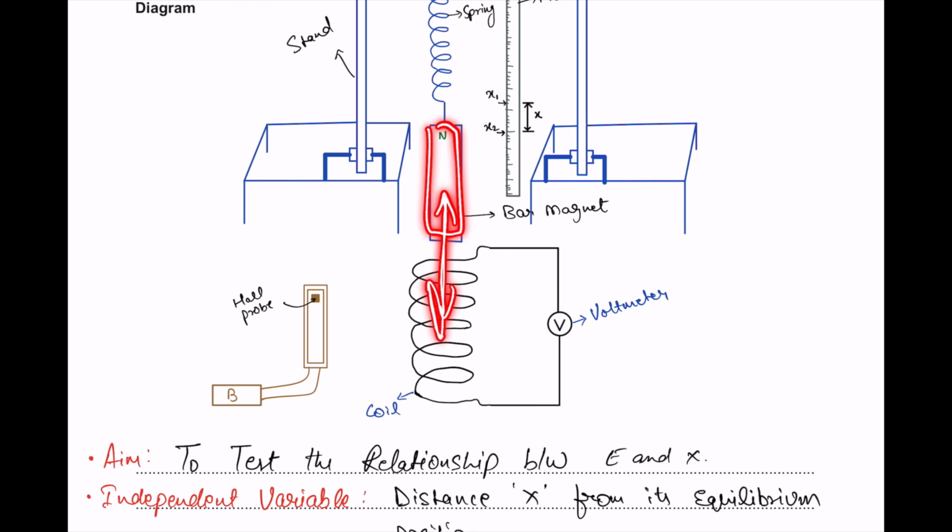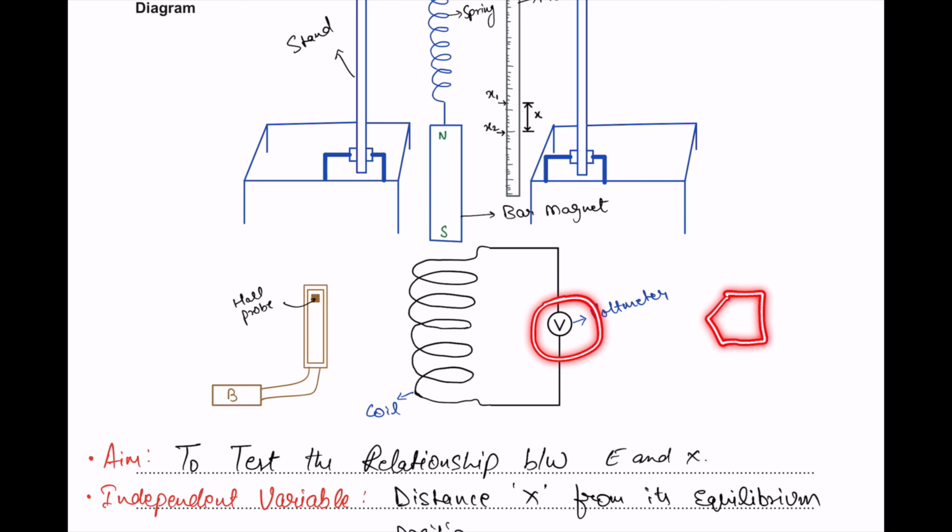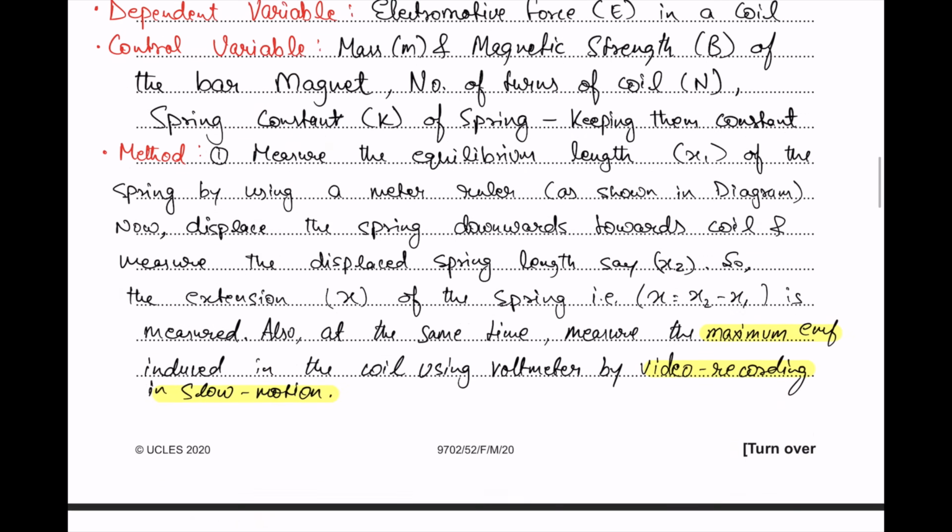It will go up and down, so the needle will be constantly deflecting in different directions. So what I have done, I have kept a video recording of this voltmeter. In slow motion playback, I can see that yes, that is the maximum EMF induced when I displace the X. So this is very important here.